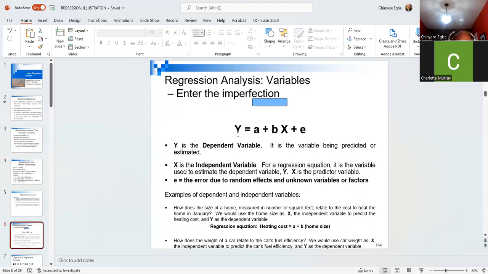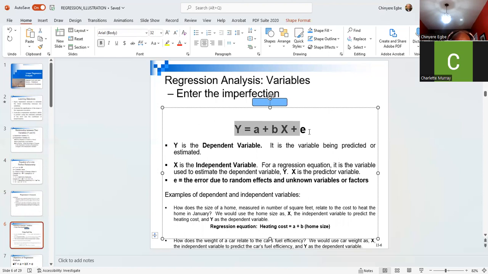Okay. Now, when we specify a regression model, we specify it as y is equal to a plus bx plus e, because we're using statistical data, and the relationships we'll find are not going to be perfect. Okay. So we're going to estimate A and we're going to estimate B. All right.